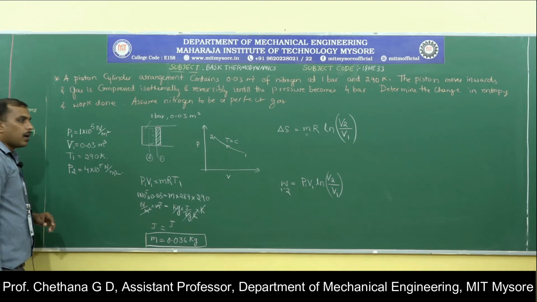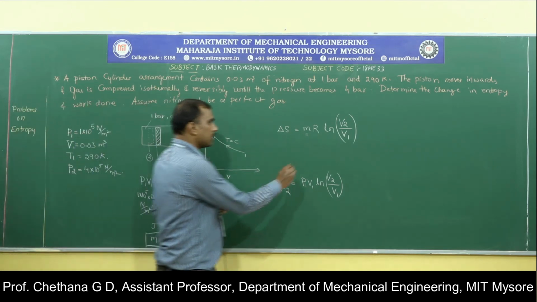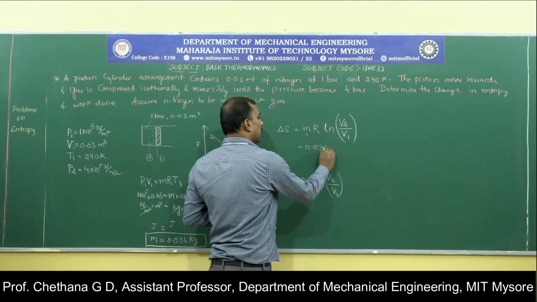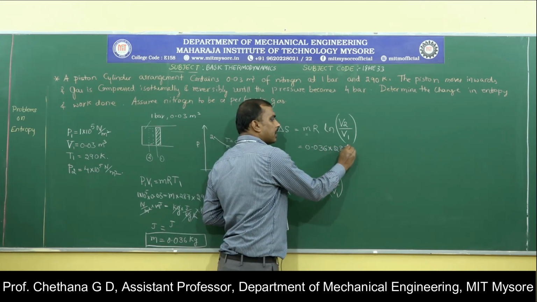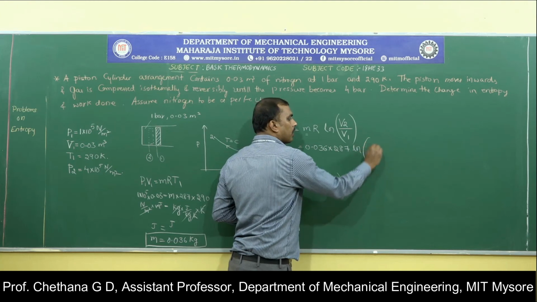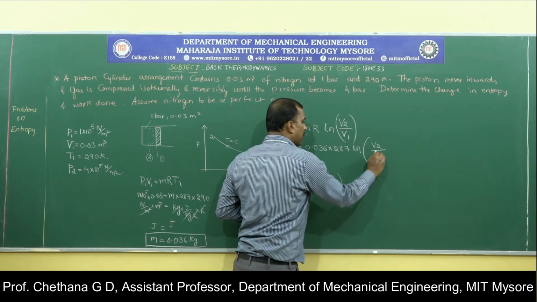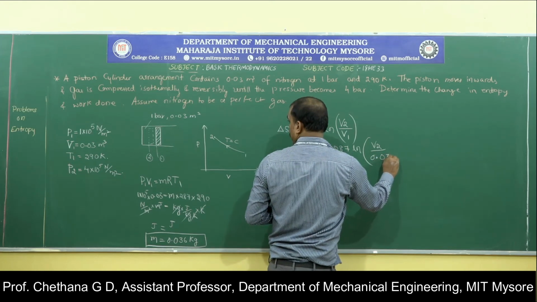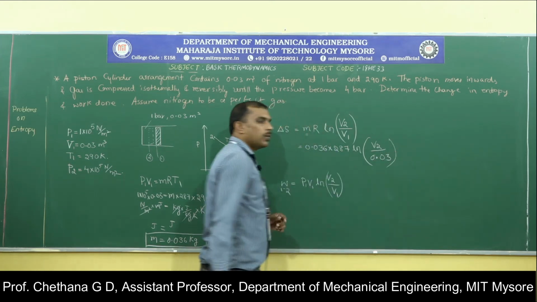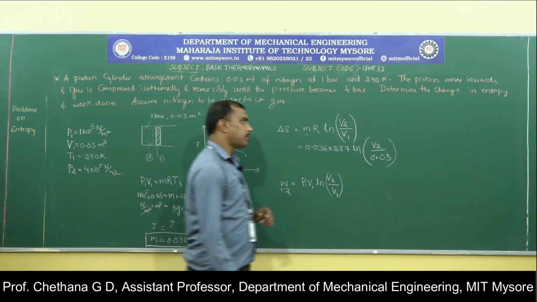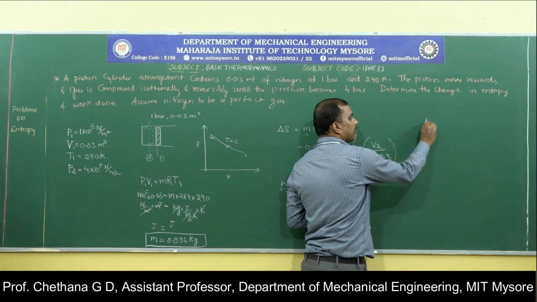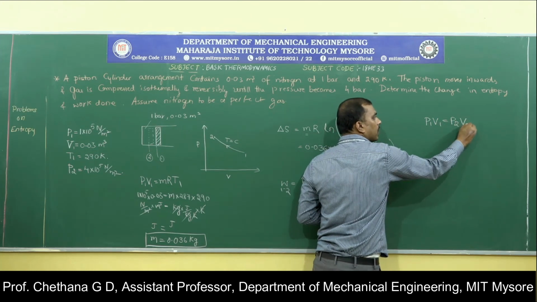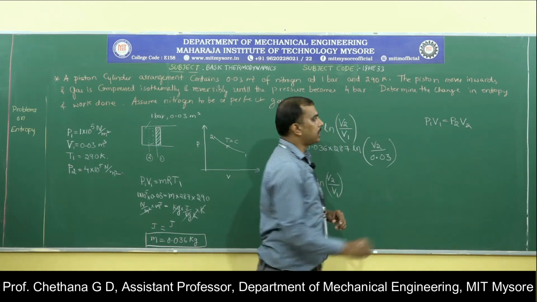Okay. Now mass is known to us, 0.036, R value 287, ln of V2 by V1. So V1 is known to us, that is 0.03. We do not know the value of V2. How do we calculate V2? P1 V1 is equal to P2 V2, because temperature is constant.